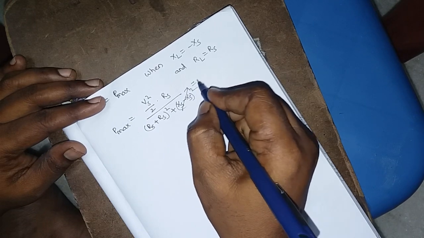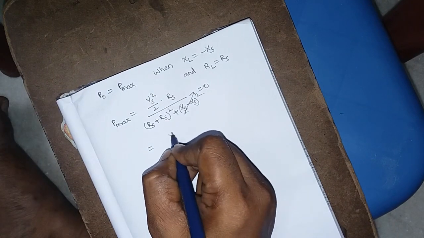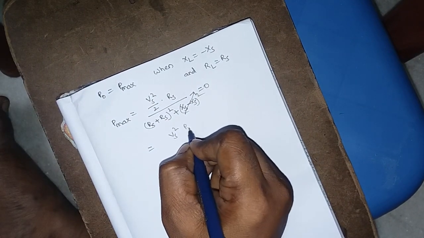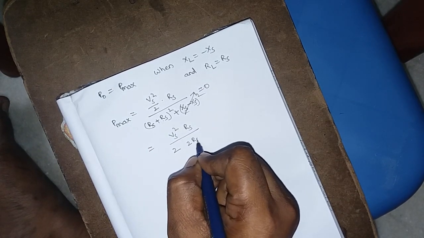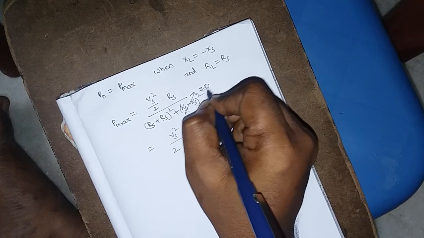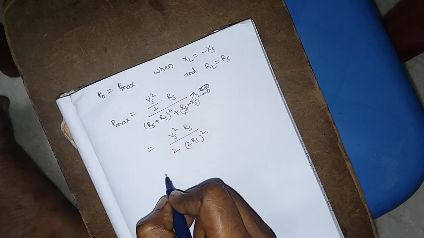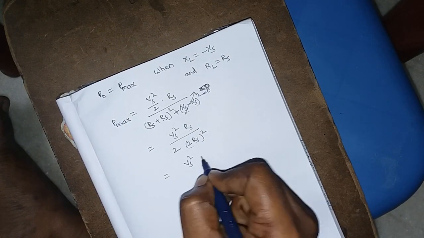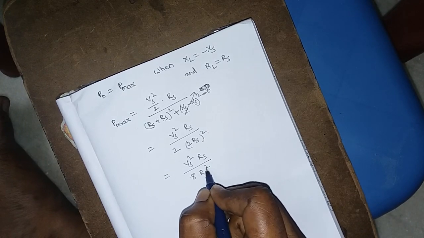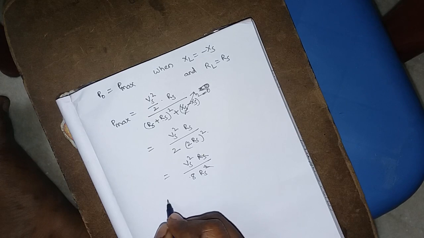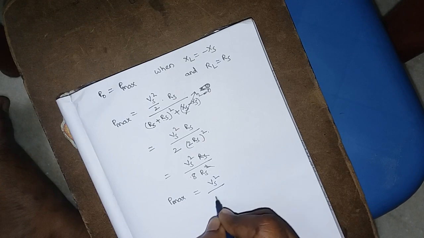This term is 0. Now how much? What is this value? Vs square into RS by 2 into RS plus RS is 2RS whole square. Yes, this term will be 0. Very good. And next one is Vs square into RS divided by 8RS square. So hence P max is equal to Vs square by 8RS.